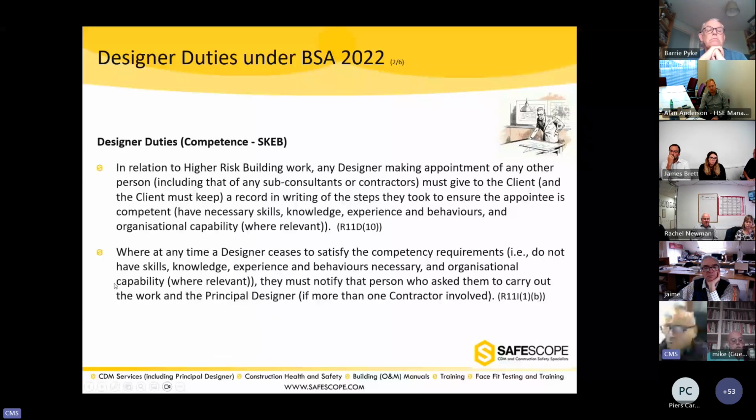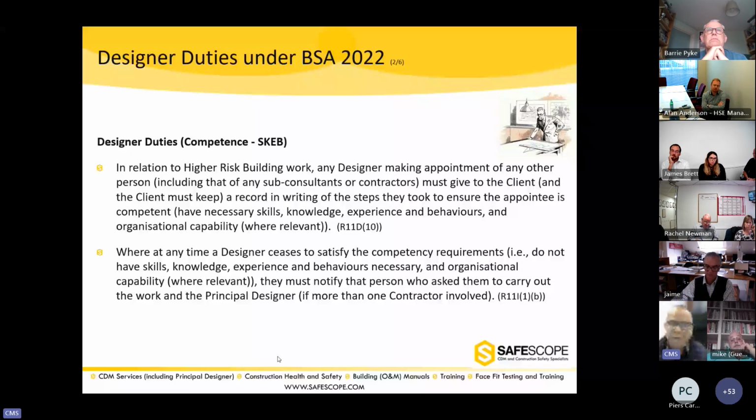In relation to high risk building work, again, similar requirement that applies to a client. If a designer is making appointment of any other person, they must give the whole record to the client to say what step they took in order to ensure that the appointee was competent. Anytime a designer ceases to satisfy the competency requirements, they must immediately let the person who appointed them know that they are no more competent and they cannot carry on.